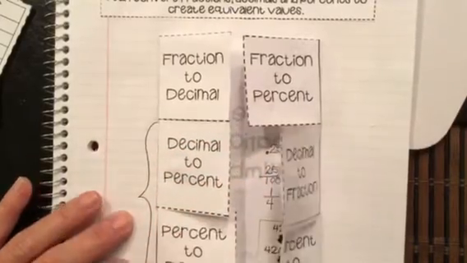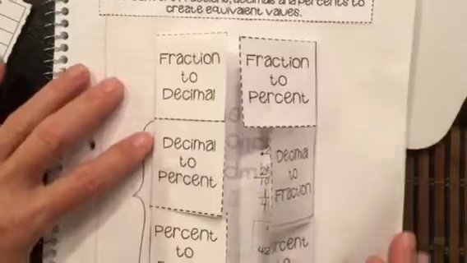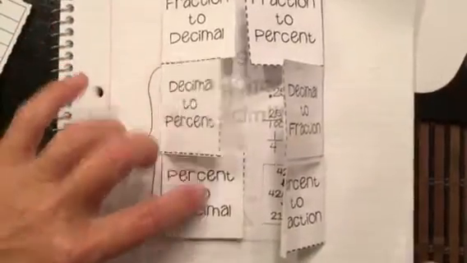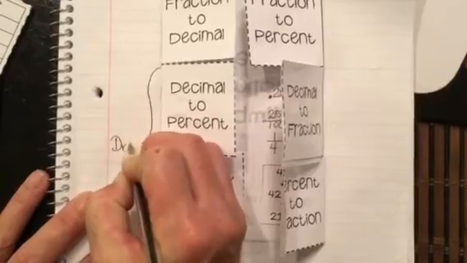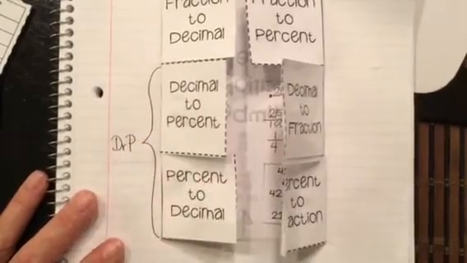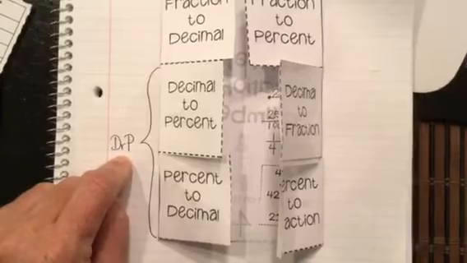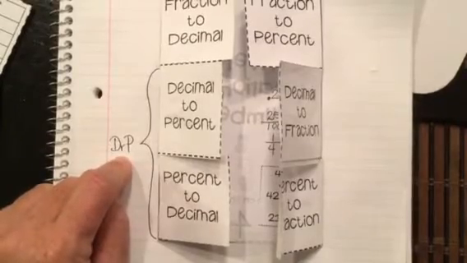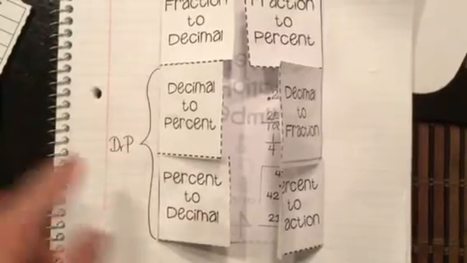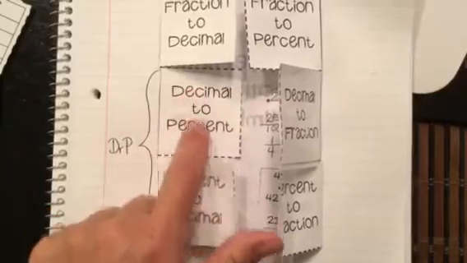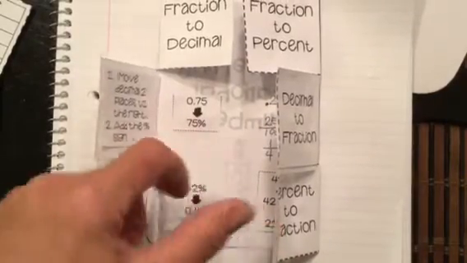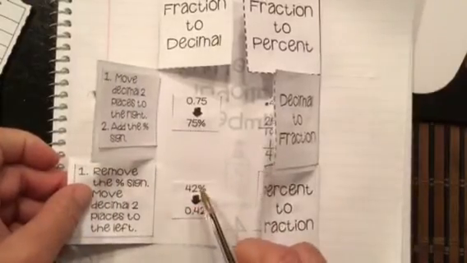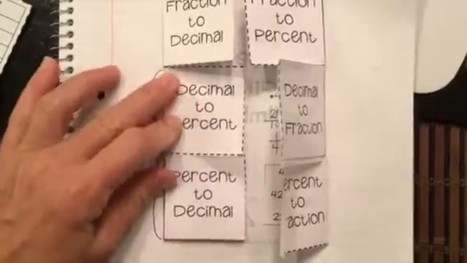So whenever we're talking about decimals, decimal to percent or percent to decimal, we use the strategy Dr. Pepper or Dr. Phillips, okay? But if I come by or somebody asks you, what is Dr. P? You need to tell them, well, if you're going from a decimal to a percent, you're multiplying times 100. If you're moving from a percentage, you're dividing by 100, mathematically.